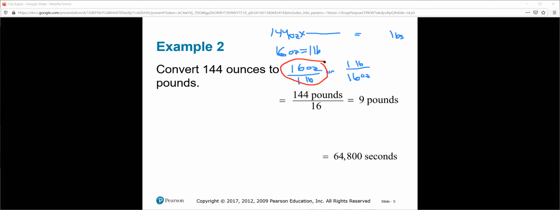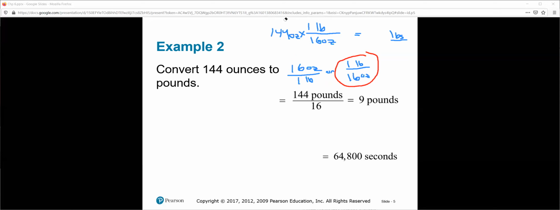Well, let me get my drawing marker back here. I know that my answer needs to have pounds in the numerator. So lucky for me, this one has pounds in the numerator. Cool. So I can drop the n here. 1 pound, 16 ounce. Let me clean this up a little bit.